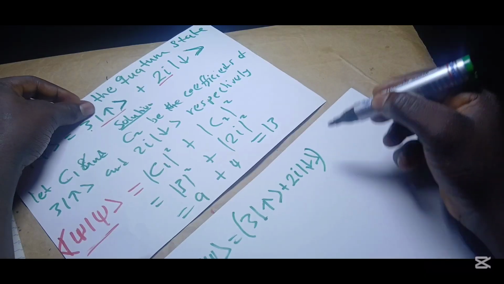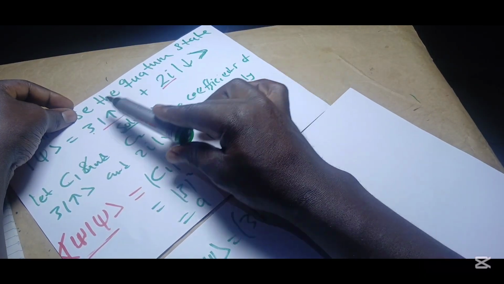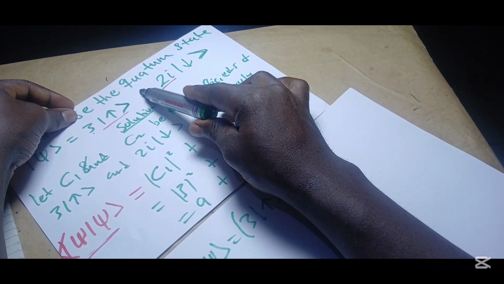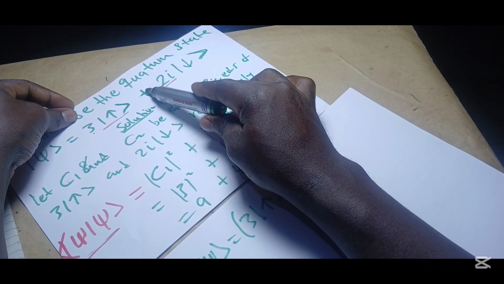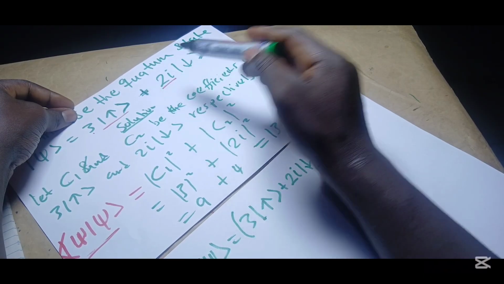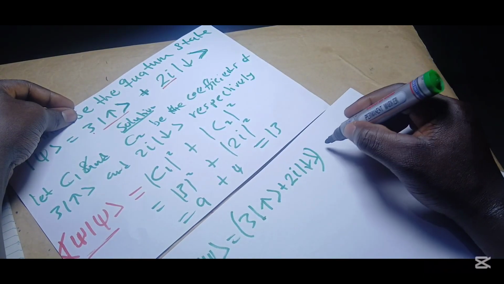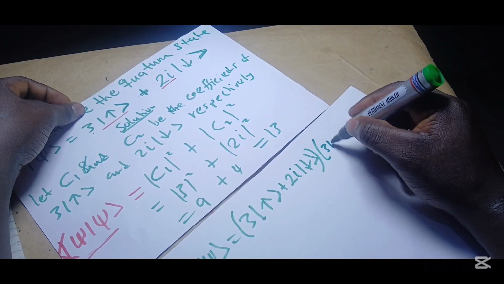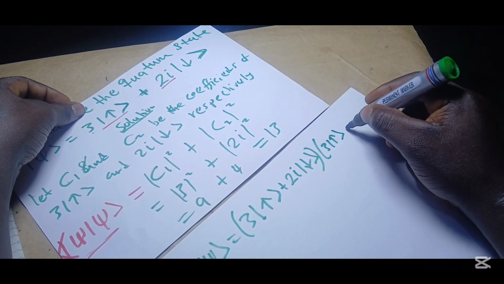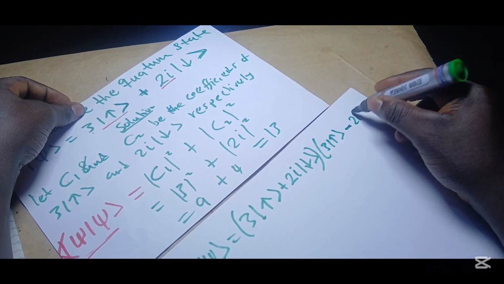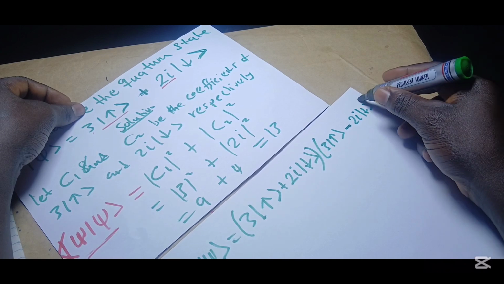And then we write whatever is here, but in this case, the operation sign is going to change. So it becomes minus. So we are going to write 3 spin up minus 2i spin down.